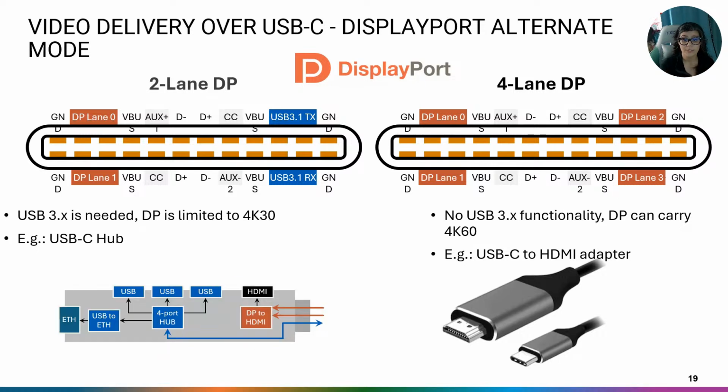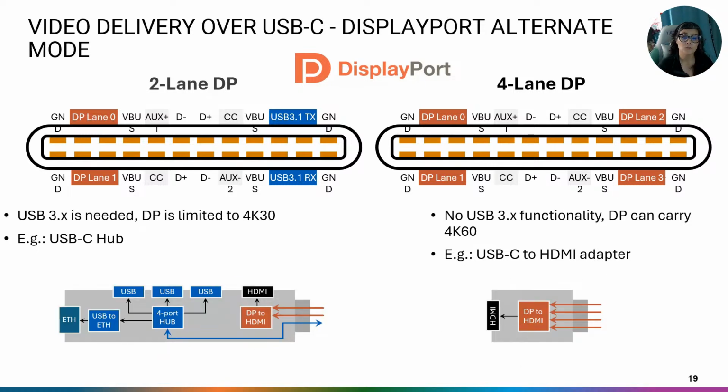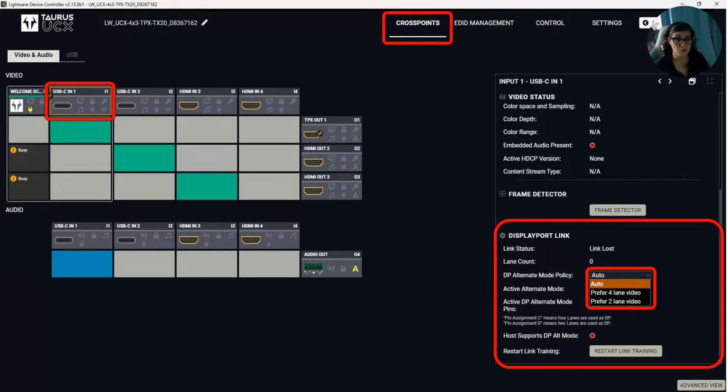So that's really going to be up to you. But what's really, really most important here is that you have a device that can let you make that choice. Because a lot of times out there, it's going to be whatever the default of the computer is. And that's where Taurus is going to come into the picture and truly shine for you.